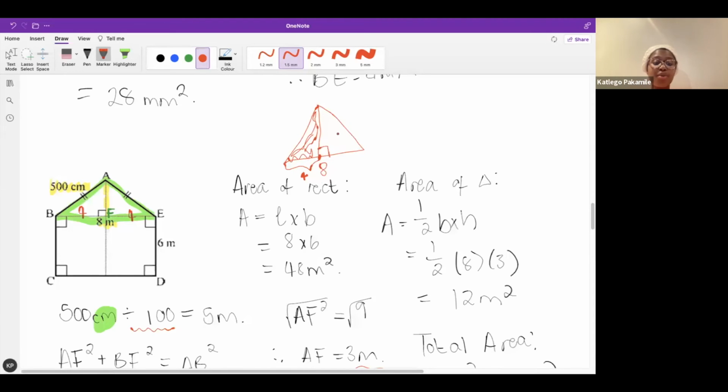But we want the area of the whole triangle. So therefore, we have to use the base of 8. So the base of the big triangle is 8, not 4. Do you see this 8 meters here? I hope now we are feeling better.